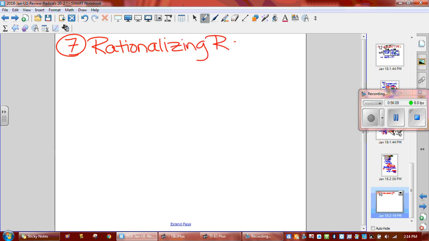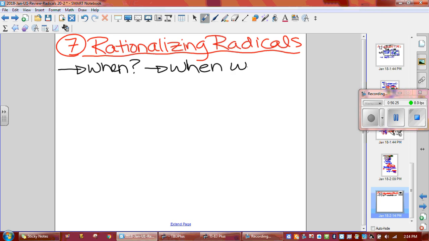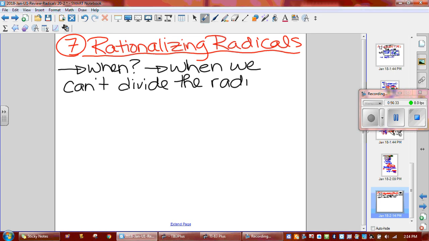So when we can't divide the radicands without getting a decimal. So that's what happens there, without getting a decimal. Okay, so that's when you do it.